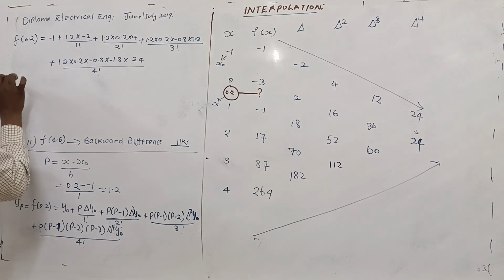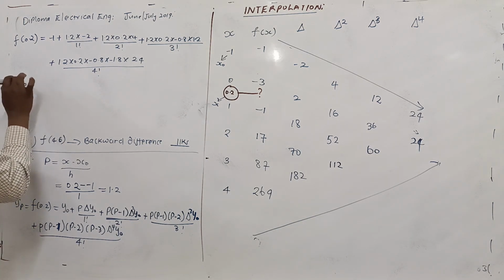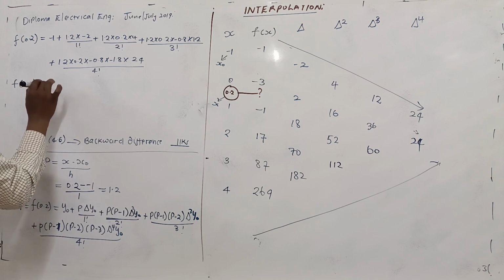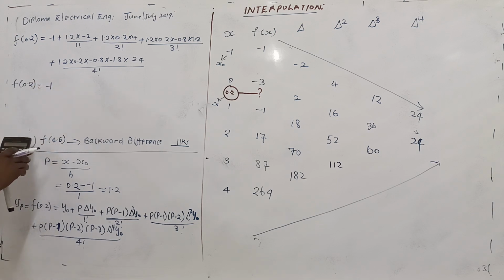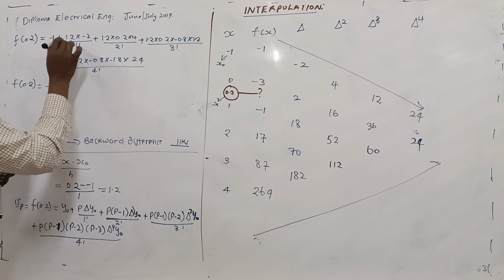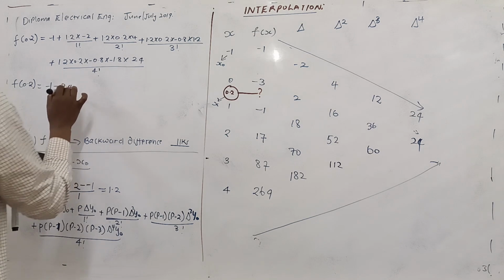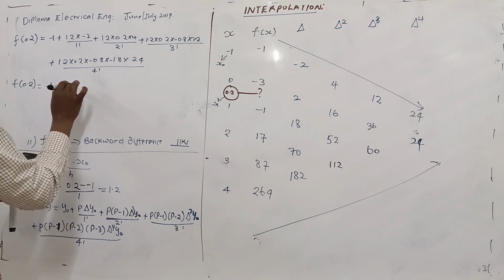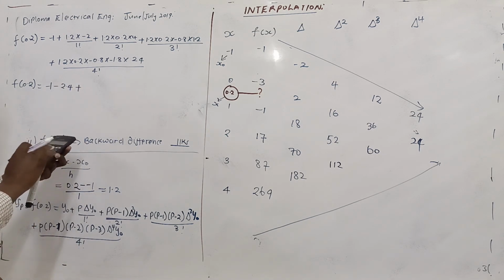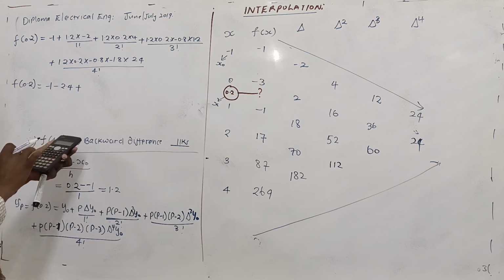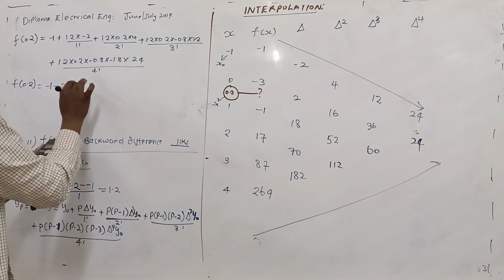Now I'll need my calculator. So f of 0.2 is equal to negative 1, minus 2.4, plus 1.2 times 0.2 times 4, which is 0.96, divided by 2 factorial, which is 2, giving 0.48.